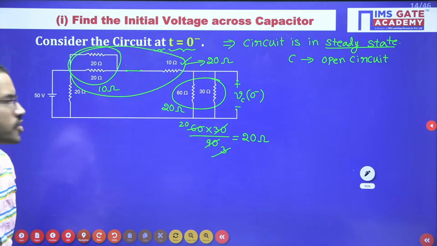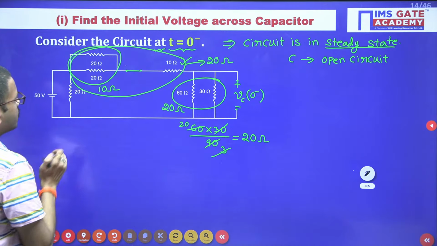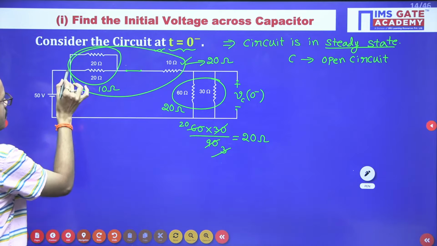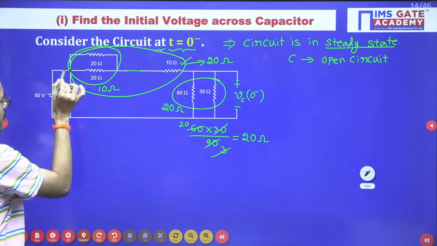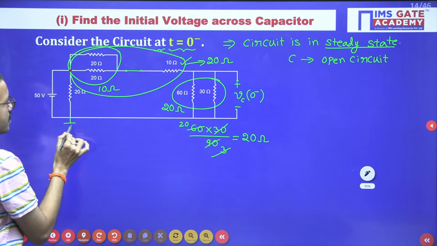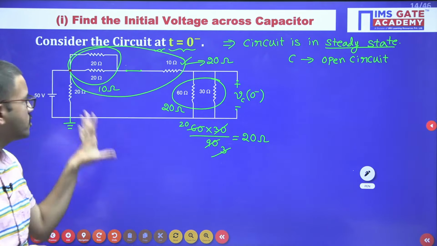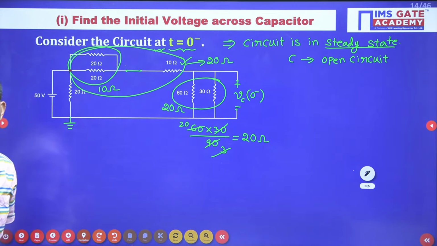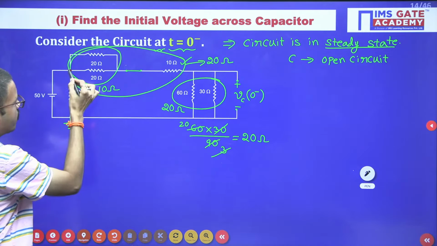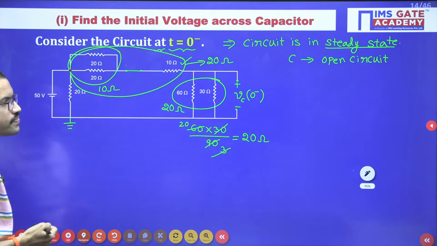Okay, now tell me, what is the voltage at this particular node with respect to ground? Just by observing the circuit diagram, can you tell what is this node voltage with respect to ground?